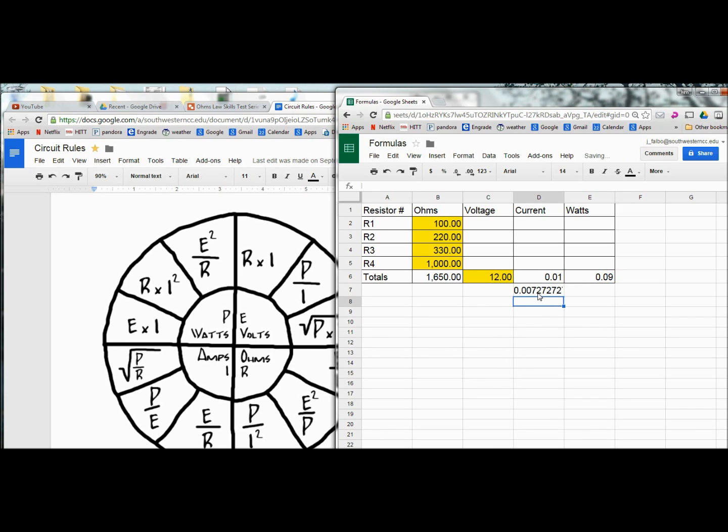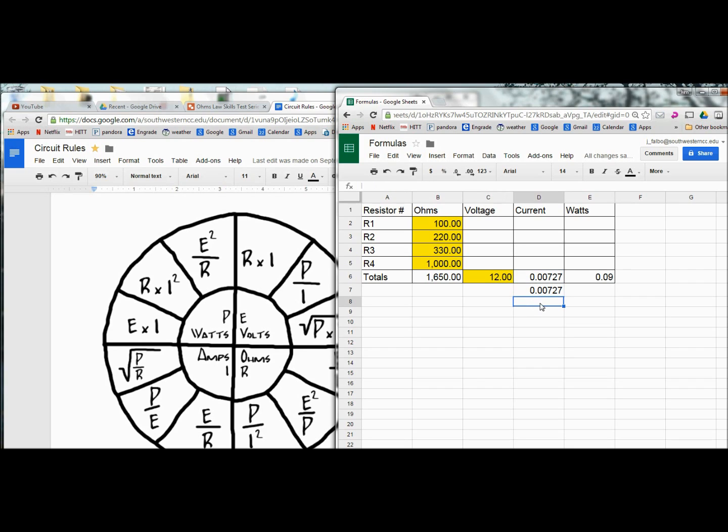Hit enter, and I get a different answer because I haven't told this cell to narrow down to 2 decimal places. So I will shrink this down to 2 decimal places, and we see we have the same answer. If I tell each of these cells to increase decimal places, it should continue. All right, let's highlight both and increase. See, we have the same answer here.